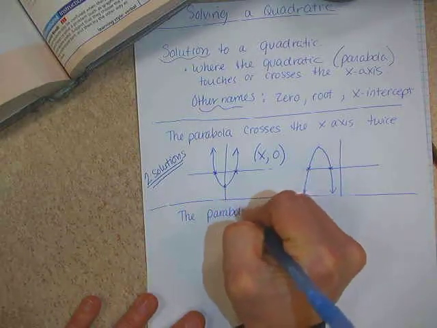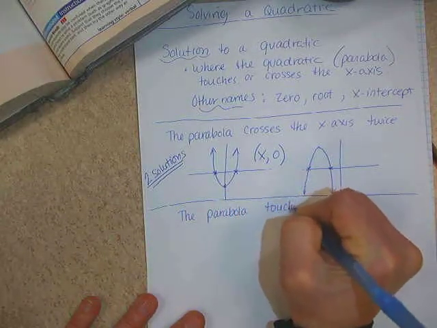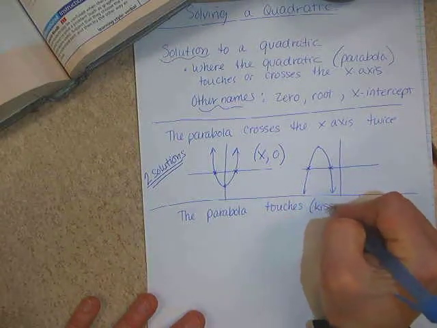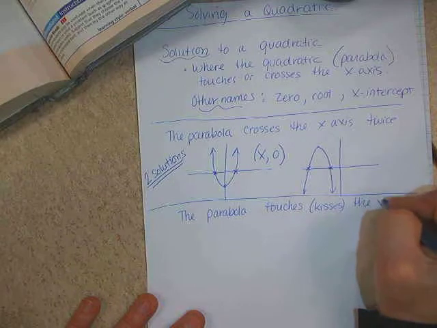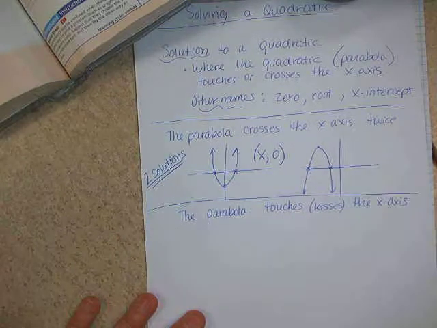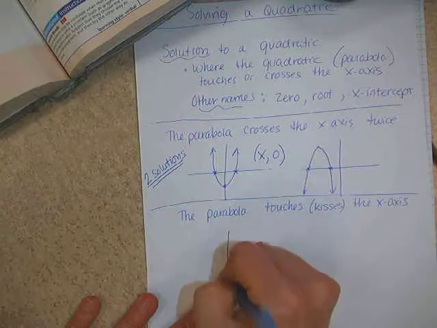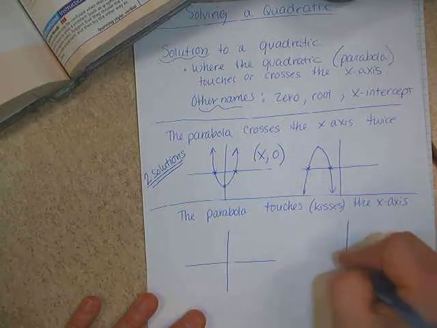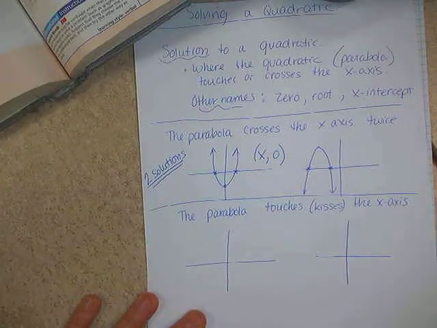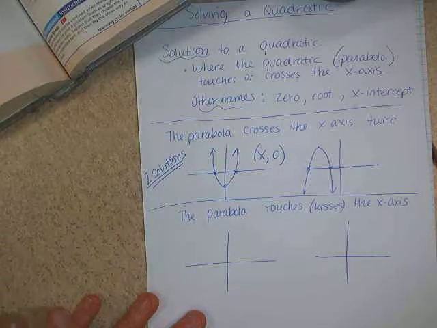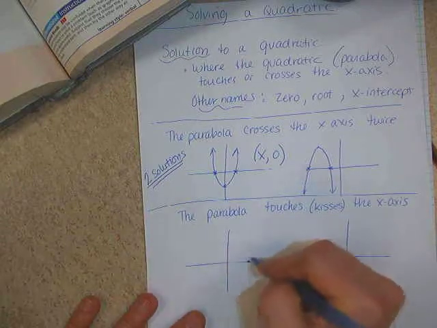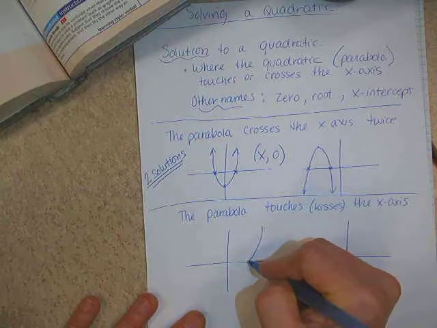The second option would be when the parabola touches, right? A teacher once said it kisses the x-axis. That means the vertex of the parabola is right on the axis.